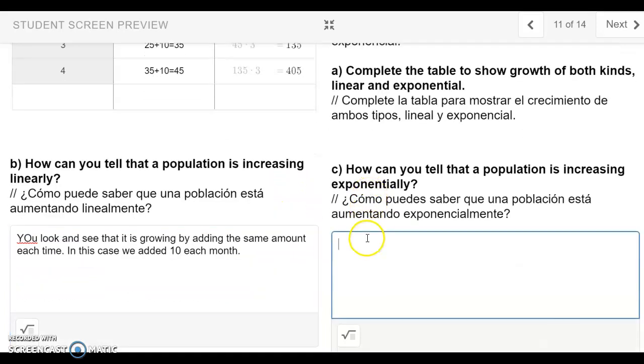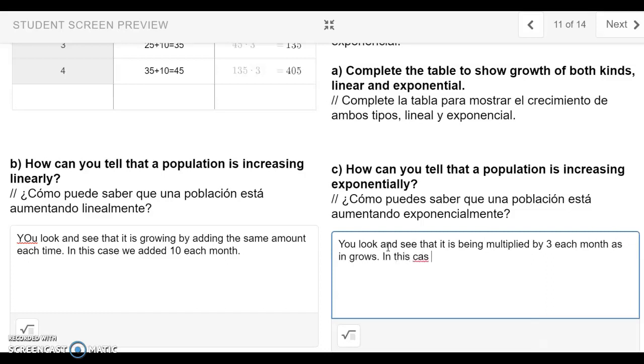Okay, so then how about here? How can we tell the population is increasing exponentially? What would we look at? Well, we look and see that it is being multiplied by 3 each month as it grows.